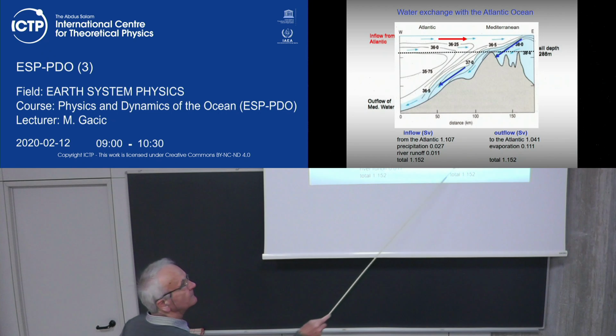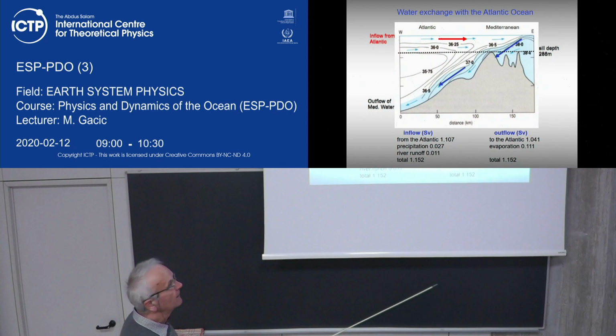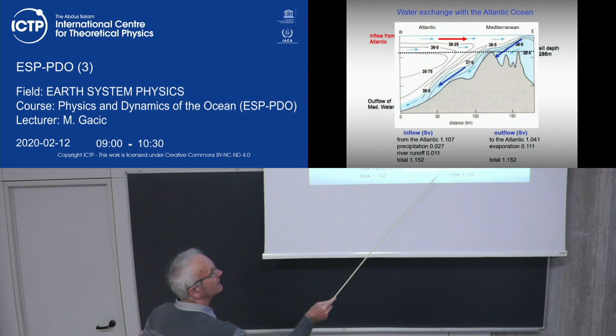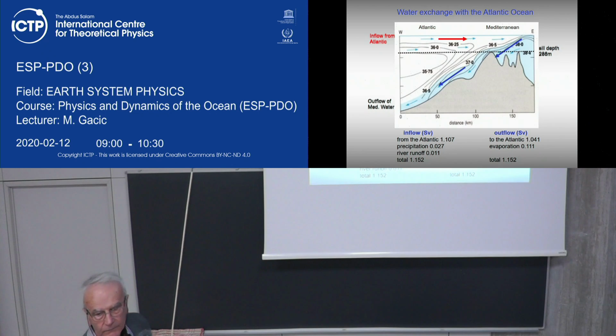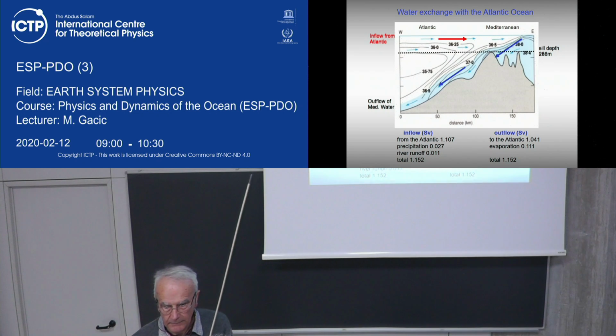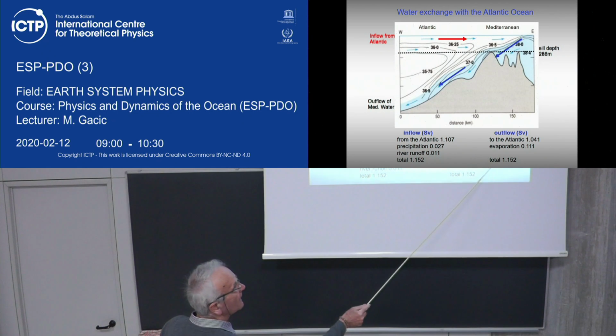And obviously the inflow and outflow have to be equal. So the Mediterranean gives to the Atlantic 1,041,000 cubic meters per second. And then we have evaporation, which is 111,000 cubic meters per second.